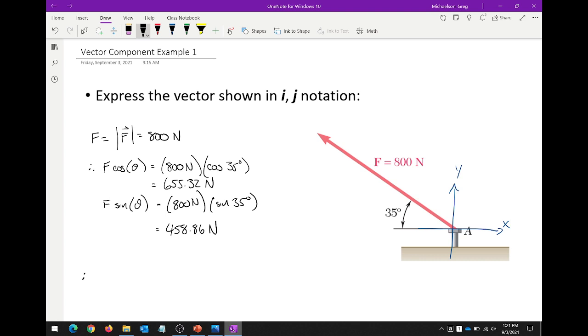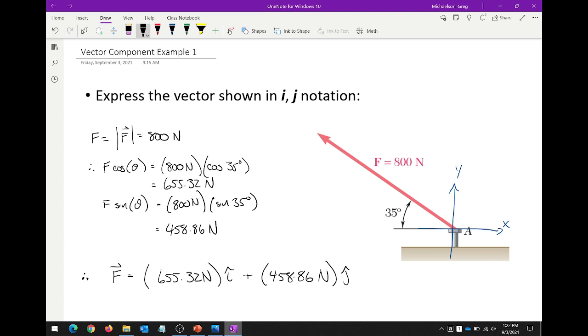Now, could I then express this vector as follows? Is that right?